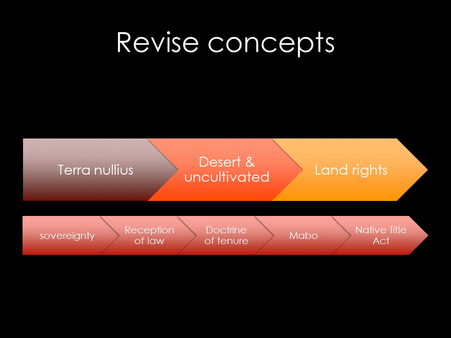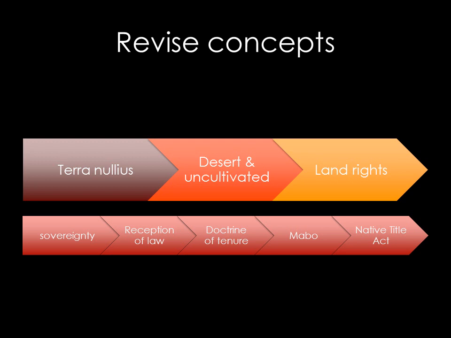So just a quick overview of what we have traversed so far. This idea of terra nullius, which supported the British claims to sovereignty. It's a question of international law, and it affirms that England has the power to rule over the territory.